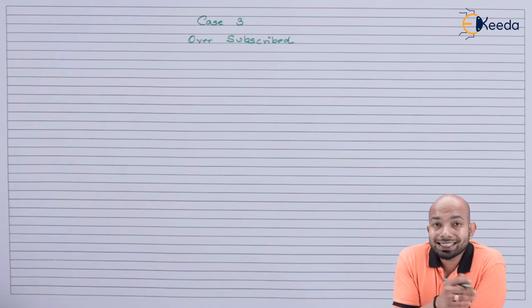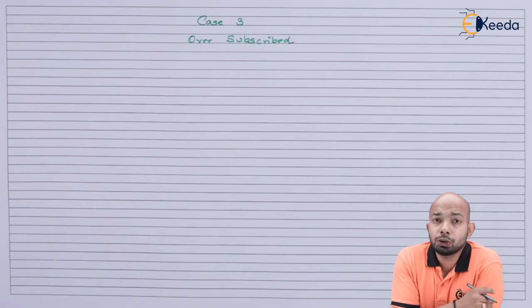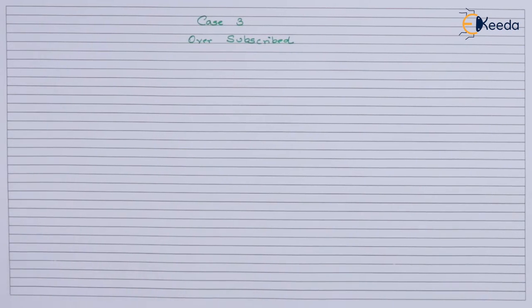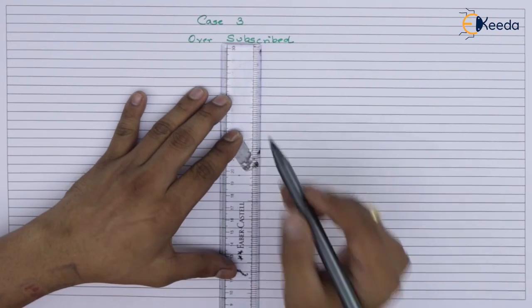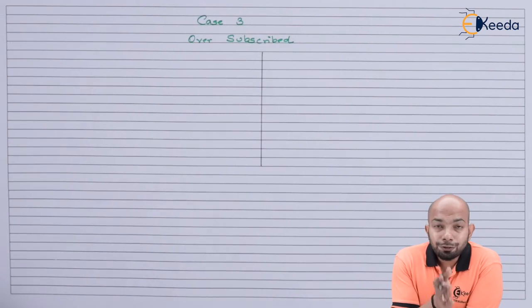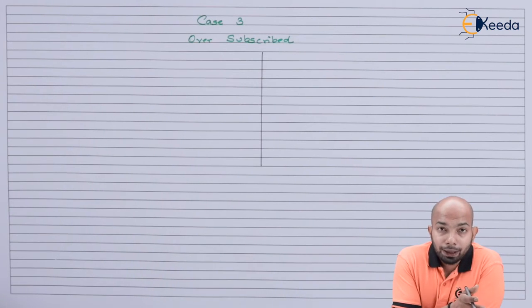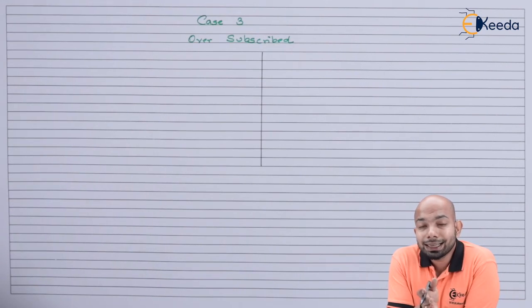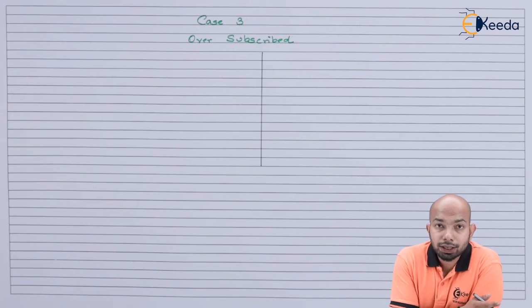So now when we are discussing the case of oversubscribed, we will be dividing the page into two sides here. The first side will refer to the applied shares and the second side will refer to the allotted shares.